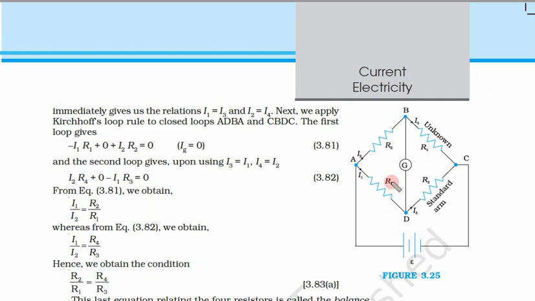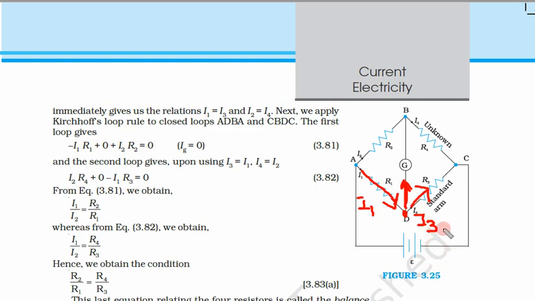Here we see that current I1 is coming to junction D, and current I3 is going away from junction D. Either a current from the galvanometer is coming or a current can be going to the galvanometer.